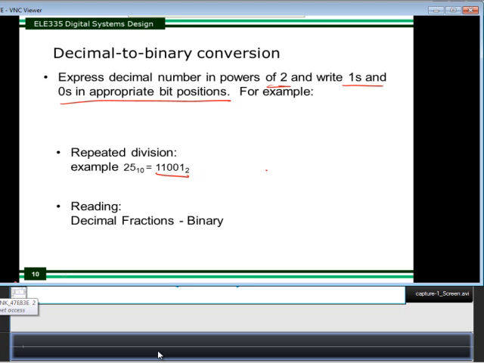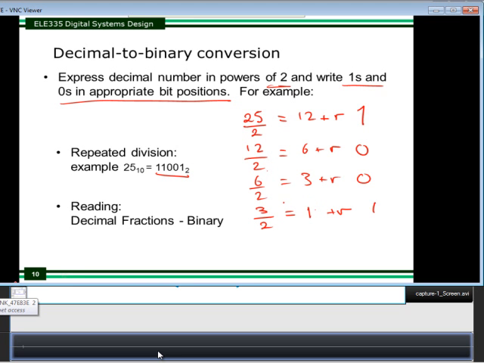Okay, I shall just quickly work through this one with you then to show you how it's done. So, if we have 25 and we want to write it in binary, we can say 25 divided by 2 is 12 plus remainder 1. 12 divided by 2 is 6 plus remainder 0. 6 divided by 2 is 3 plus remainder 0. 3 divided by 2 is 1 plus remainder 1.